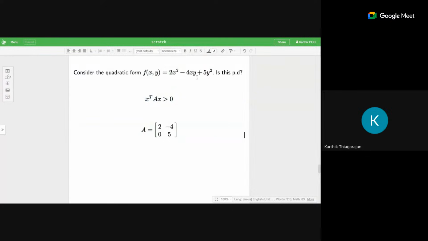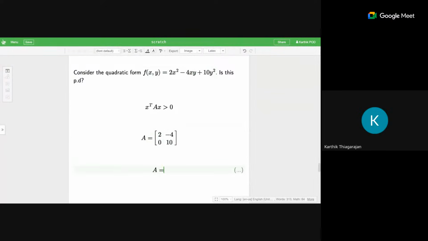In fact, you can take this example. Say, make this 10. If you make this 10, what will happen? The eigenvalues are positive, correct? Yes, sir, eigenvalues are positive. But if you look at the corresponding symmetric matrix, let's call the triangular one A prime.